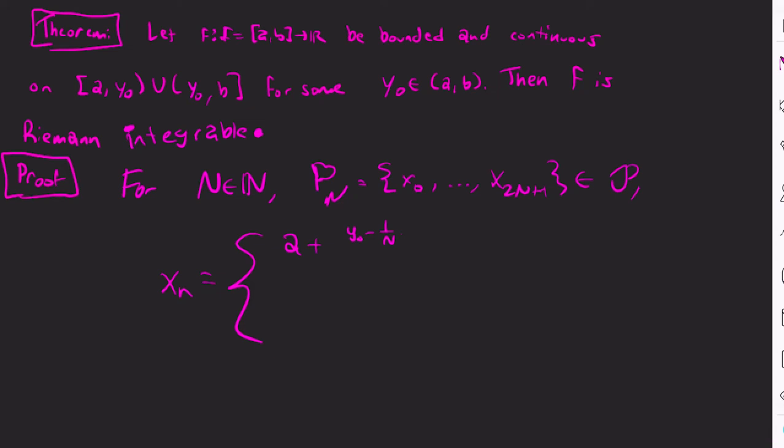y naught minus 1 over n, so this is just n over n, typical of seeing. So I've now shifted over by 1 over n.